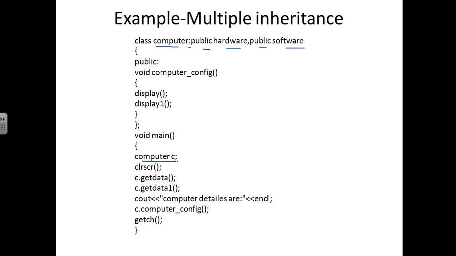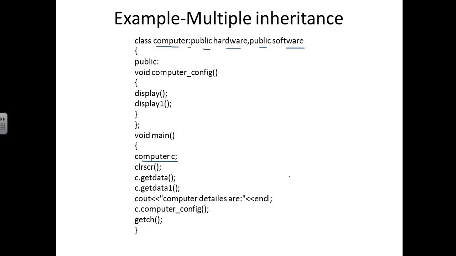Computer is the derived class, the object name is C. Using this object I am getting the data, C dot get data, C dot get data 1, right? Then in cout I am displaying the output. The computer details, again I am calling the C dot computer config member function.